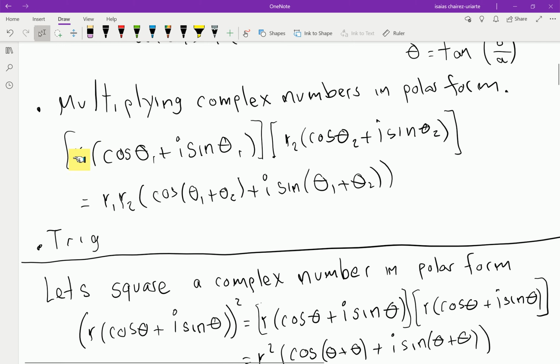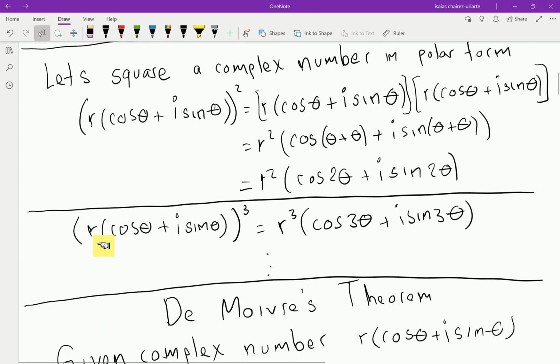If you have r1 cosine theta 1 plus I sine theta 1 times r2 cosine theta 2 plus I sine theta 2, the product is just the product of the moduli times cosine of the sum of the arguments, the sum of the angles. You're also going to need some basic trig, some trig identities and basic trigonometry. All right, let's get into it.